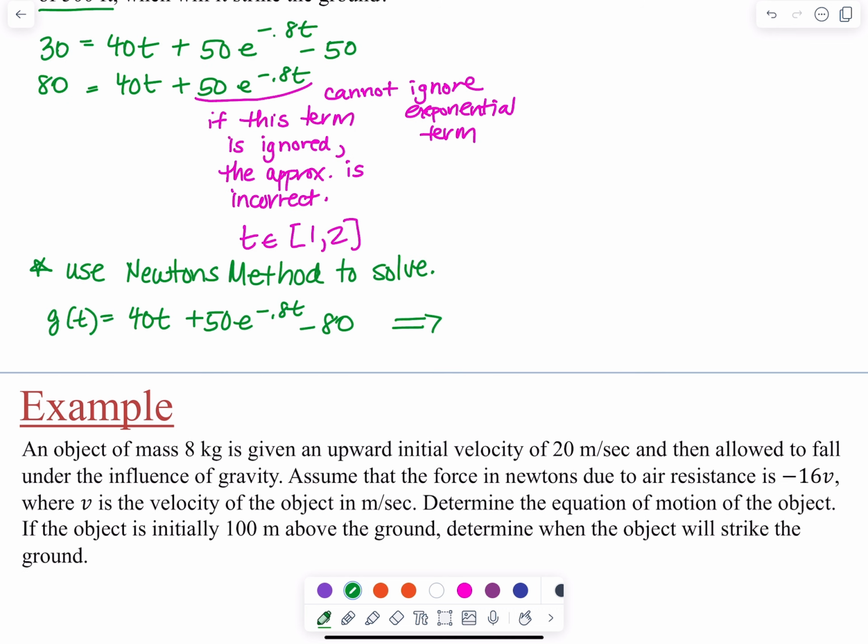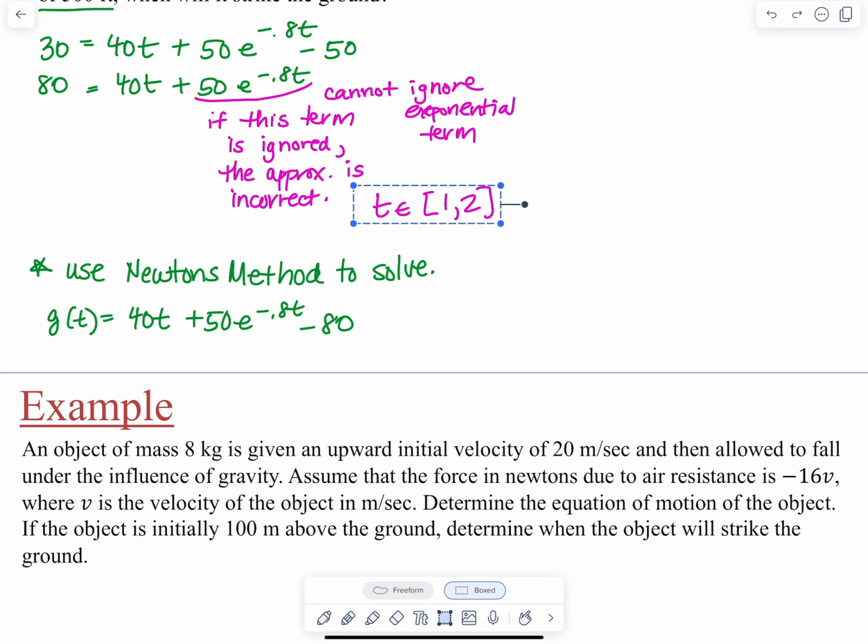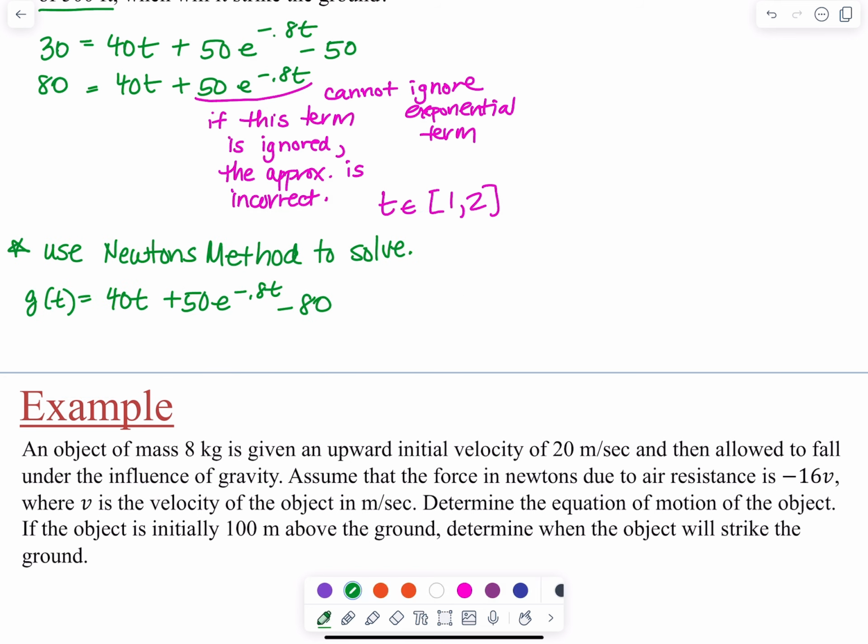And we'll go ahead and find g prime. I'll go ahead and do that right under it. And so we have g prime of t is equal to 40 plus 40e to the negative 0.8t. So let's use an initial guess.